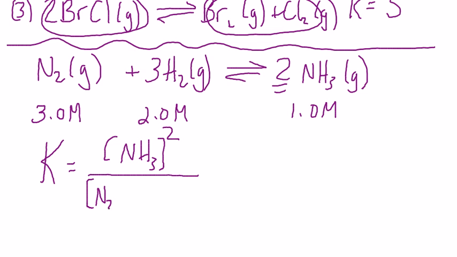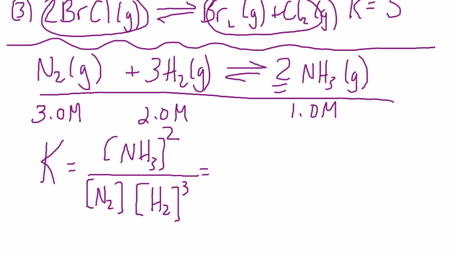In this case, N2 multiplied by H2 raised to the third power. Because the nitrogen has a coefficient of 1, it's only raised to the first power, so we're just going to ignore it.